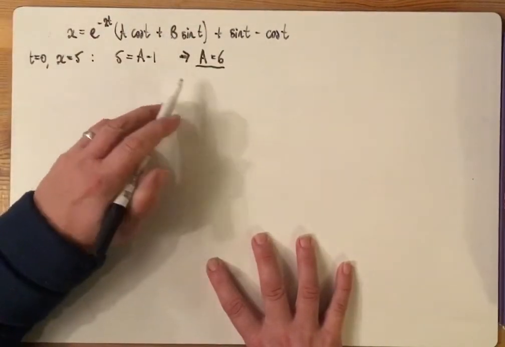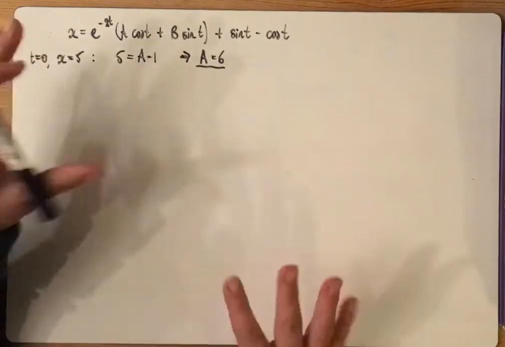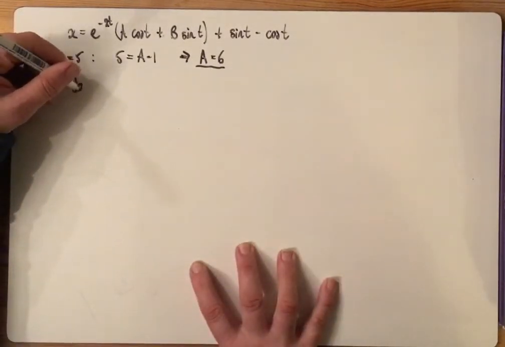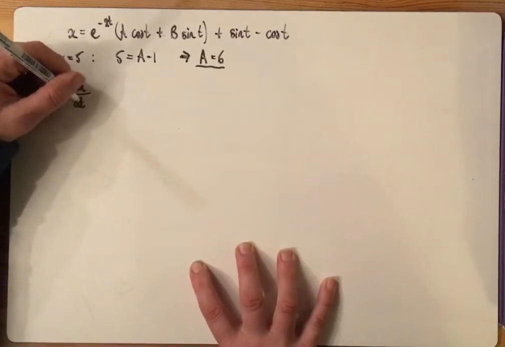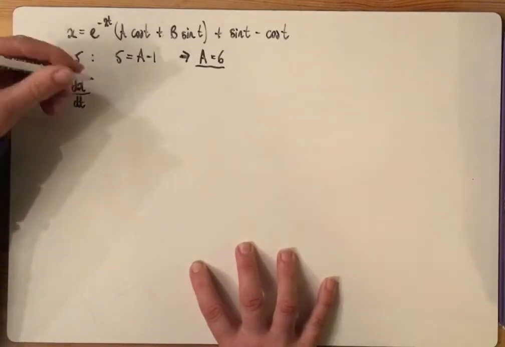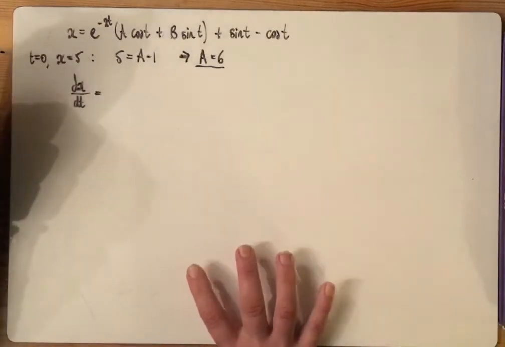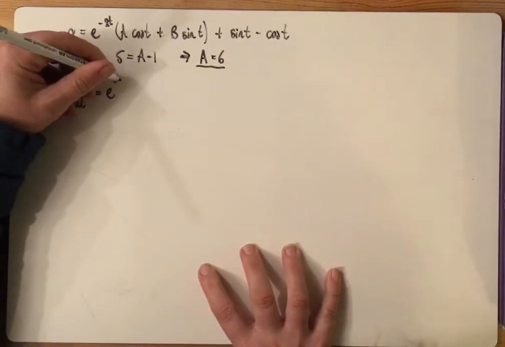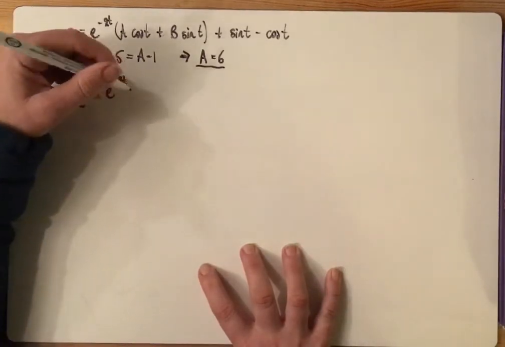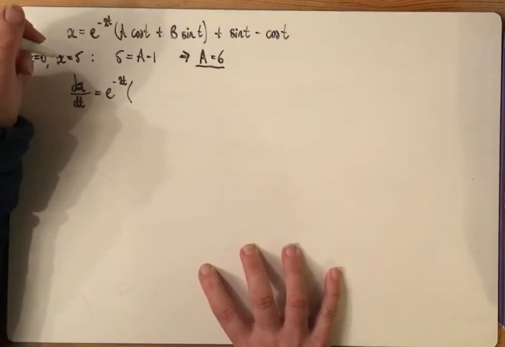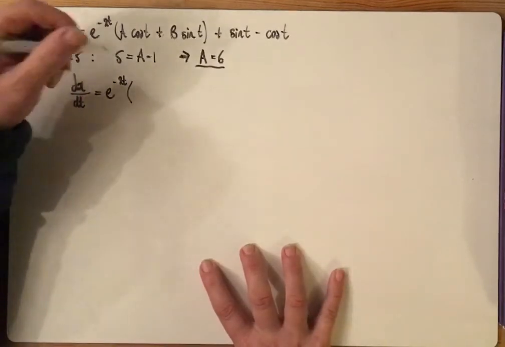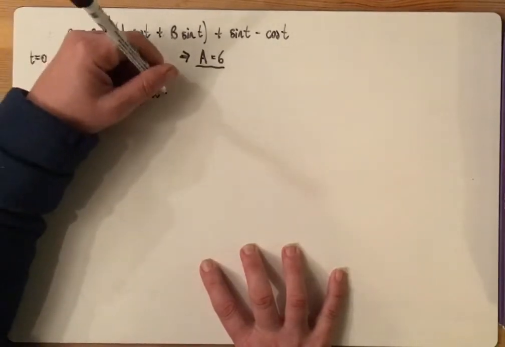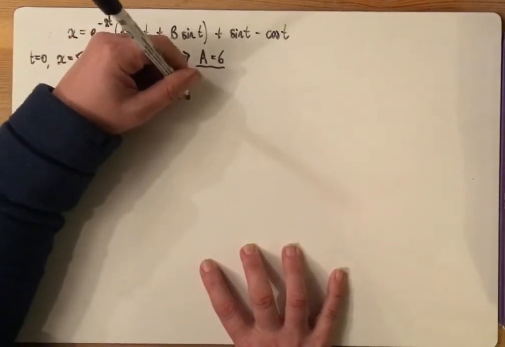If a was equal to 0, I would definitely substitute it in, otherwise it's sort of marginal. I need to now differentiate this to get dx/dt. So we've got product rule again, so it just kind of rears its head a little bit on these. So it's e to the minus 2t, lots of the bracket differentiated, which will give me b cos t minus a sine t.